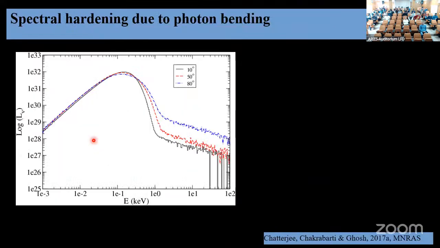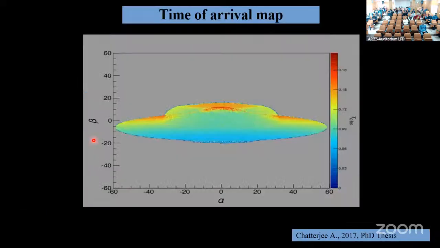Again, let's go back. Spectral hardening is occurring due to photon bending, and then you can map each photon with the time of arrival map, just what Professor Chattopadhyay was telling, that you can map each photon on an accretion disk.